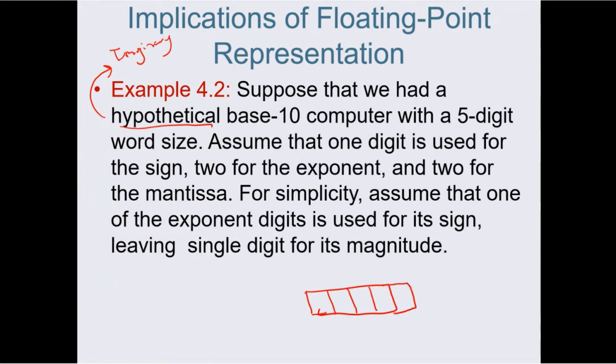One digit is used for the sign. And the remaining 4 are going to be used for the number itself. Now, from these remaining 4, 2 are used for the exponent, and the 2 remaining ones are used for the mantissa.